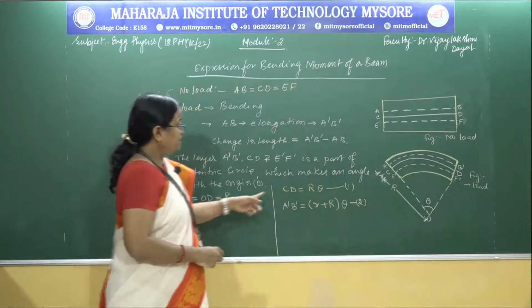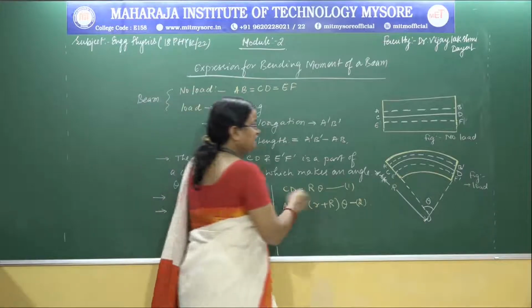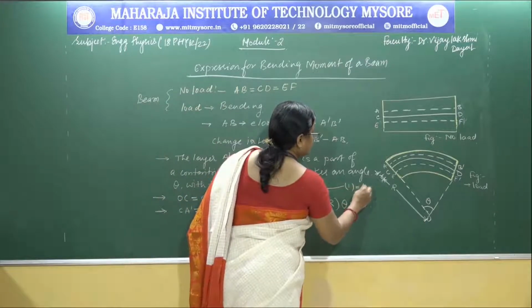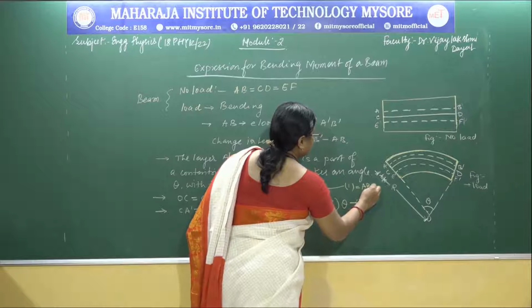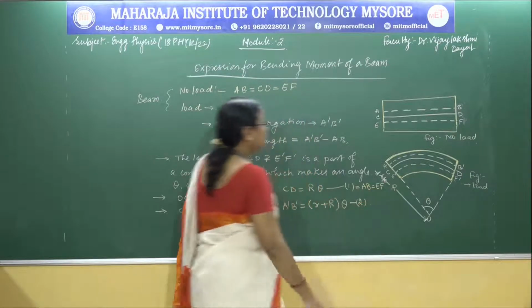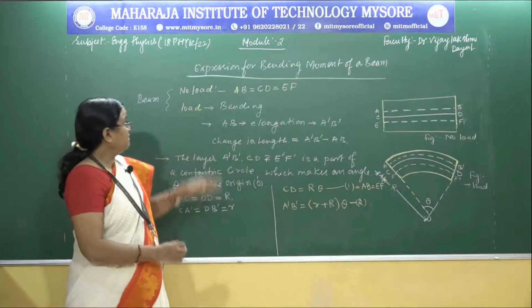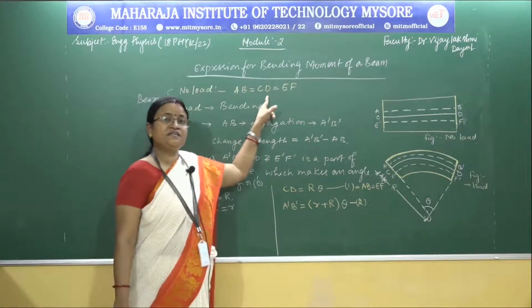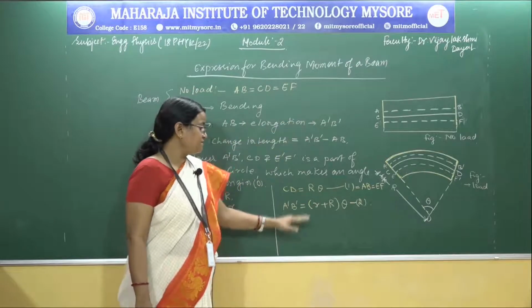Now, this length CD can be written as equal to the original length of the upper layer AB, and it is equal to EF. We have written AB is equal to CD is equal to EF.